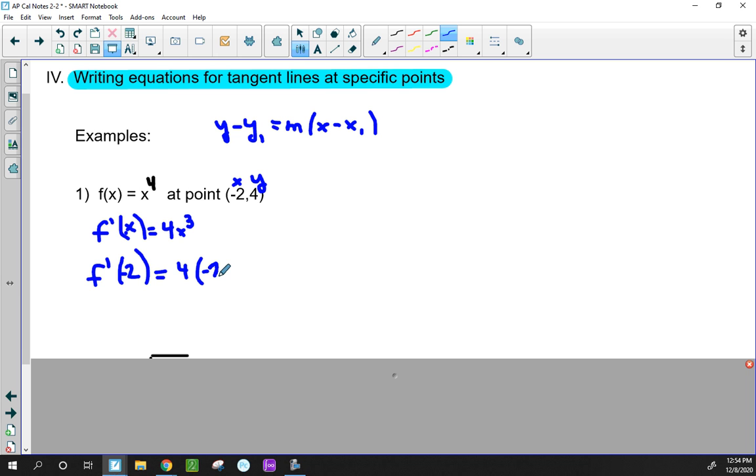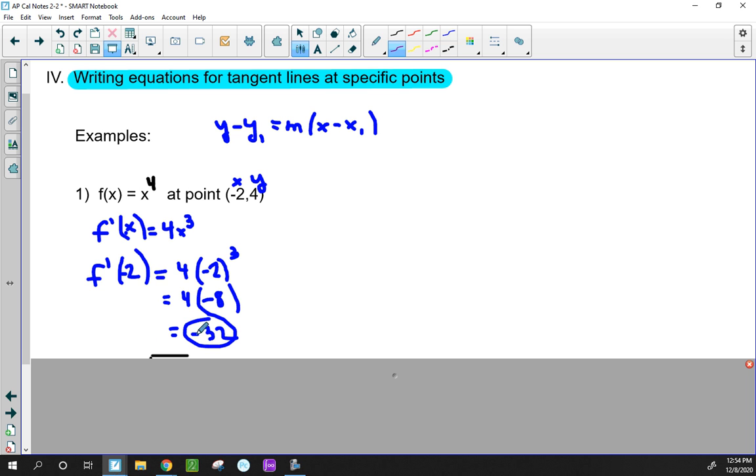Okay, so we're substituting -2 in place of x. And we're going to do 4 times, and then -2 cubed is -8. And that's going to be -32. And so that's going to be my slope for that particular problem.